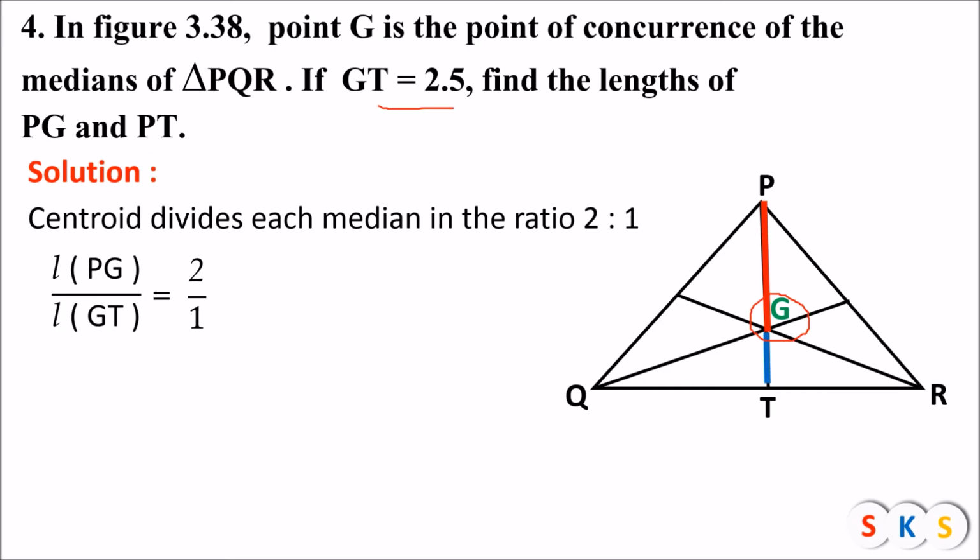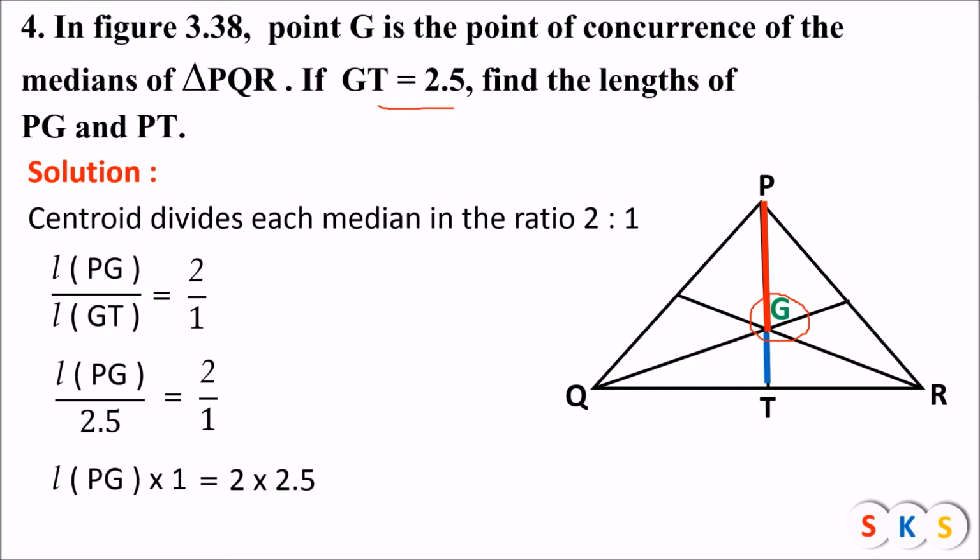We shift 1 to the left hand side of the equal sign and 2.5 to the right hand side. So we get length PG into 1 equals 2 into 2.5. Length PG into 1 is length PG, since you can multiply any number with 1 and get the same thing. And 2 into 2.5 gives us 5. So the length of PG is 5 centimeters.